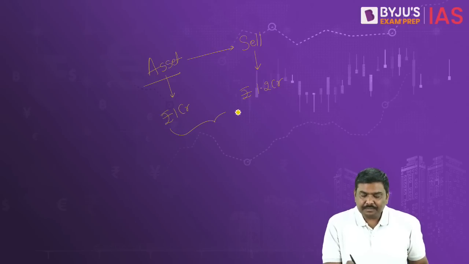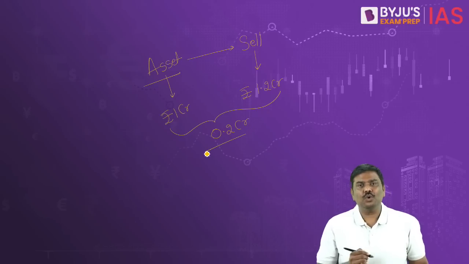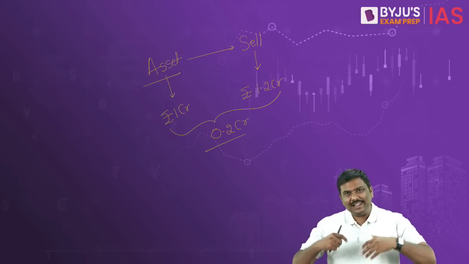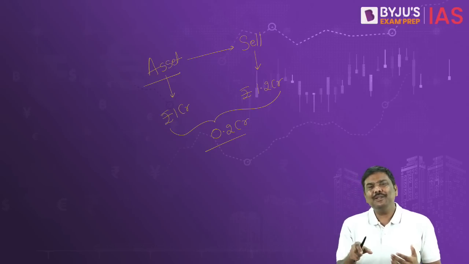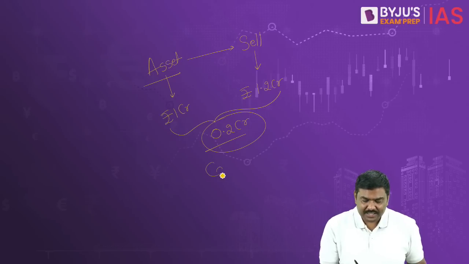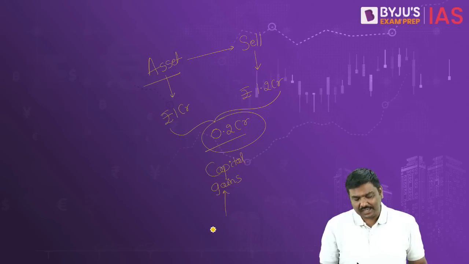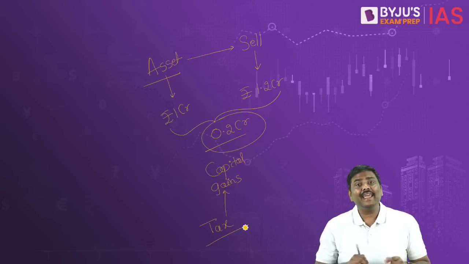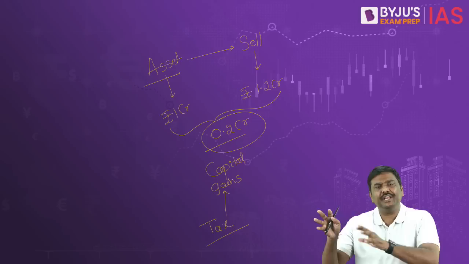So government would simply call this a capital gain of 0.2 crore. For a layman, a common man, we will simply use the term profit, but government will use the term capital gains. And on the capital gains, government will impose a tax which is called capital gains tax, CGT.